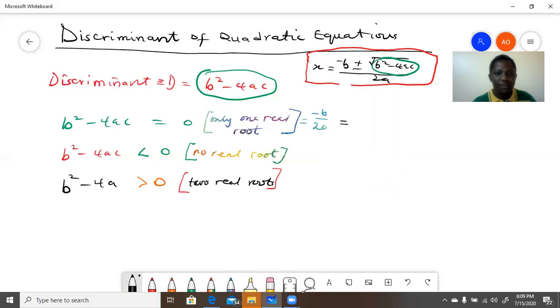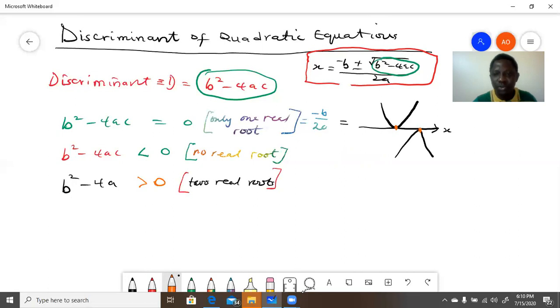If you have only one real root, it means the parabola, the graph of the quadratic function, touches the x-axis only at a point, either like this or like this. It will only touch at a point.